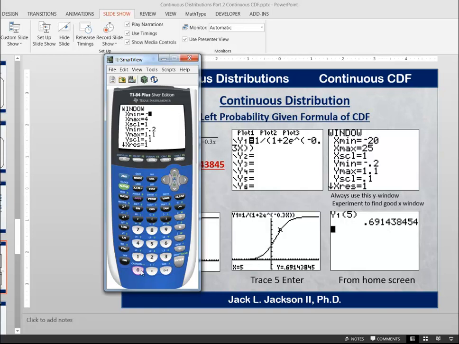Negative 20 to 25 seems to work okay. Actually, you can leave it marked off in ones, that is fine. And then there's my standard window for the settings for y.